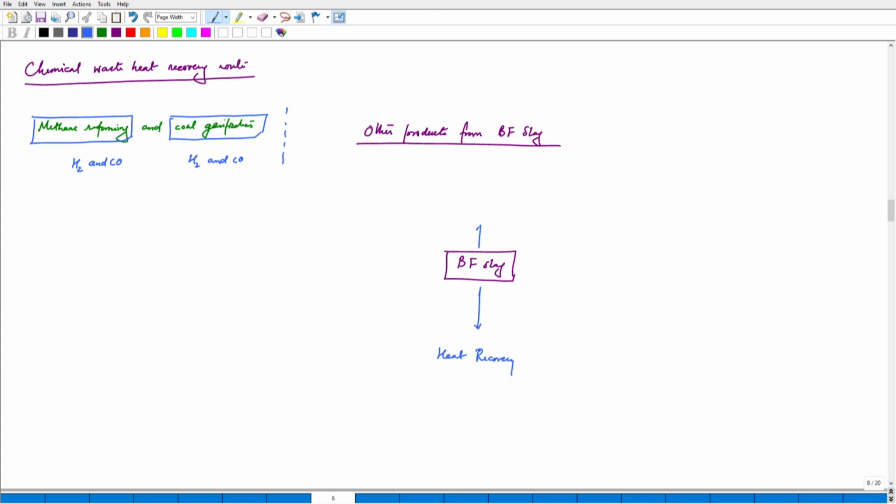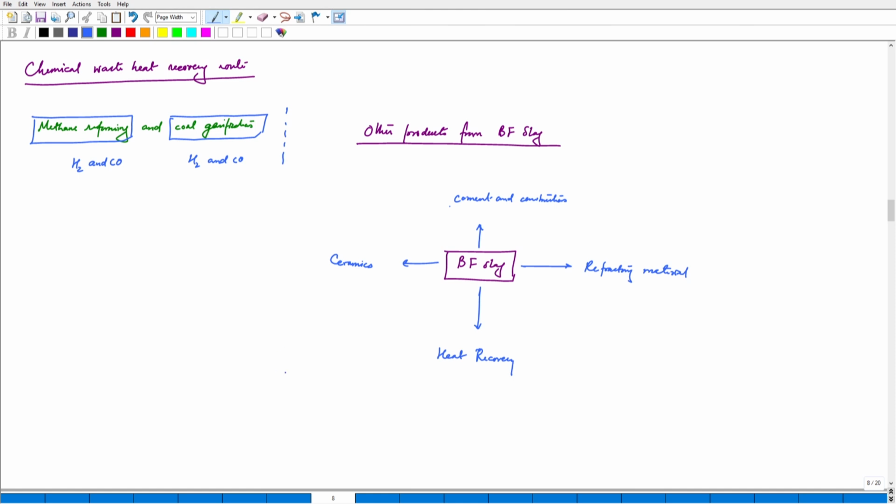And we can also note that cement and construction is another important area. We also know that blast furnace slag, after of course the heat recovery, we can also think of refractory material, as a raw material for refractory making, and we can also have foam glass ceramics. So ceramics could have foam glass ceramics.